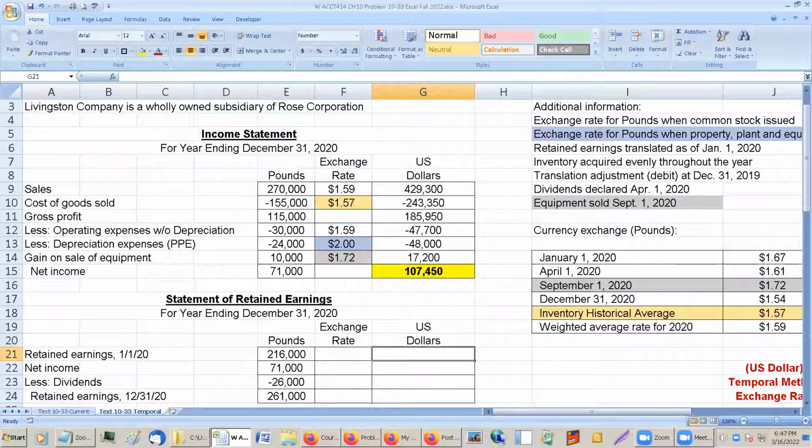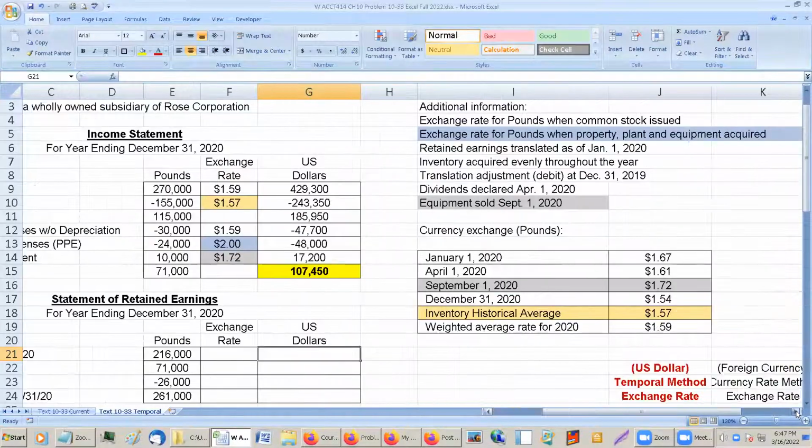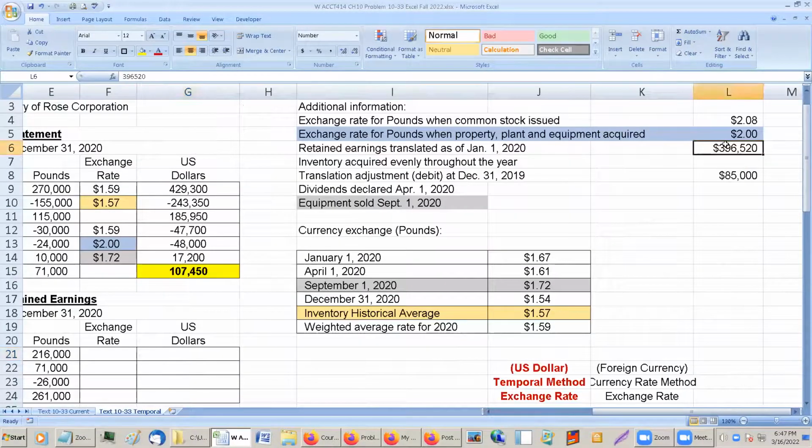Retained earnings, again, we have to use what they gave us. That number.